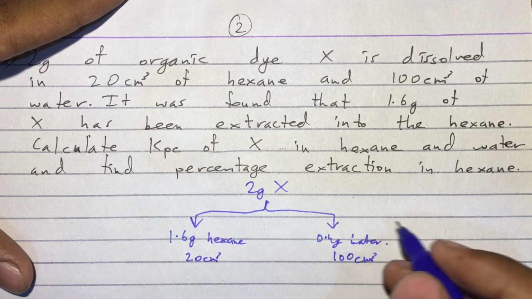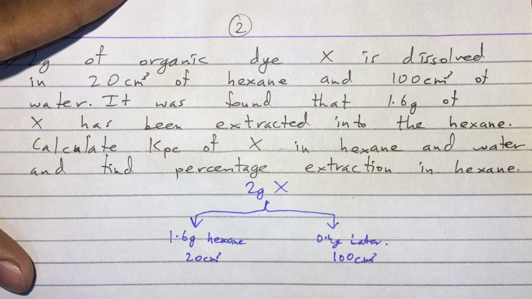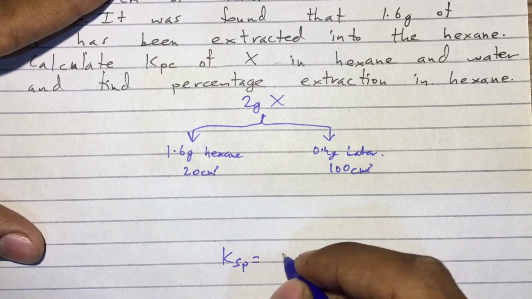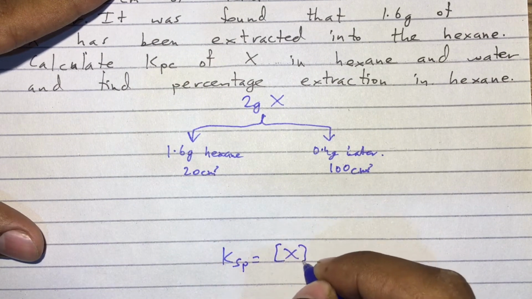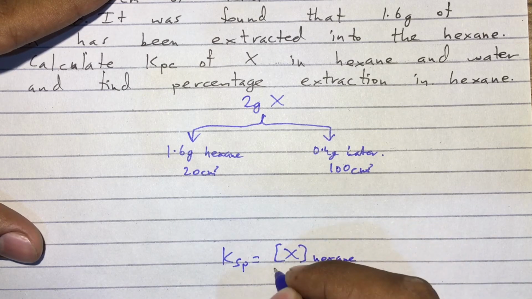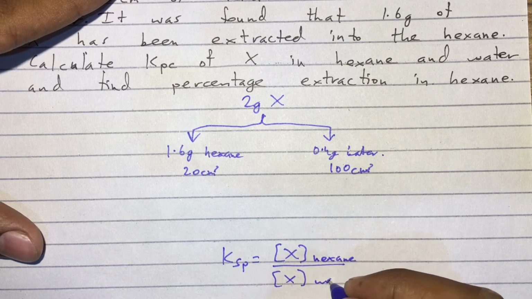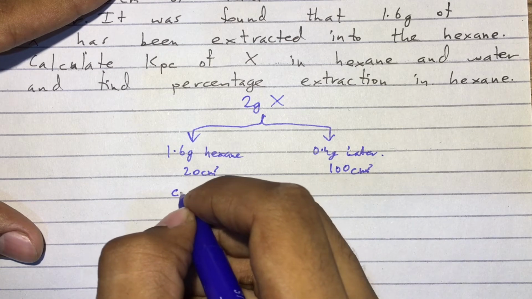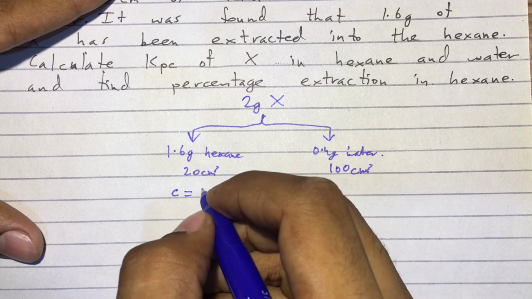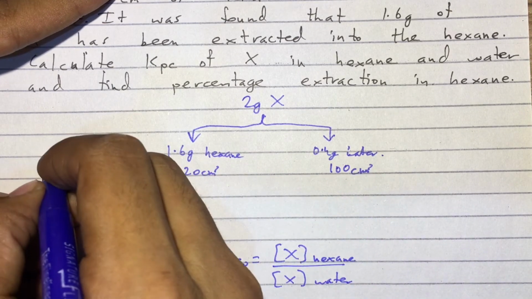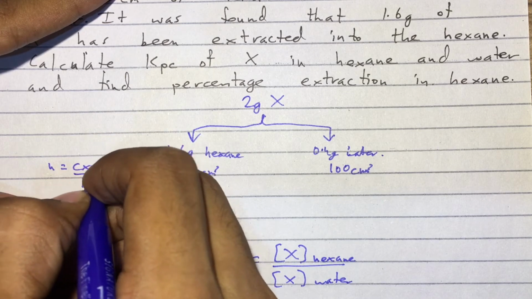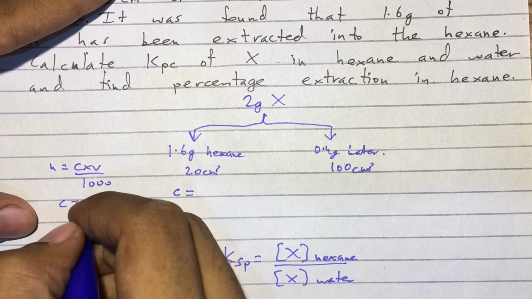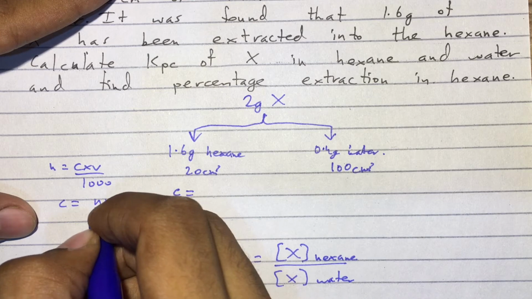So we have to find the Kpc value. Kpc is equal to the concentration of X in hexane upon the concentration of X in water. So I'll find the concentration of X in hexane. Moles is equal to concentration into volume upon 1000, so concentration is equal to moles into 1000 upon volume.